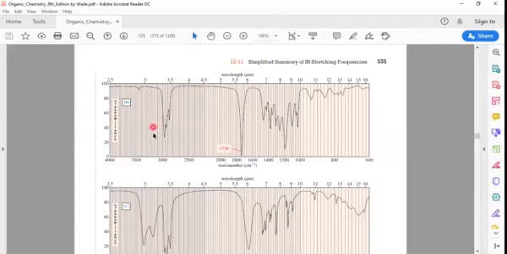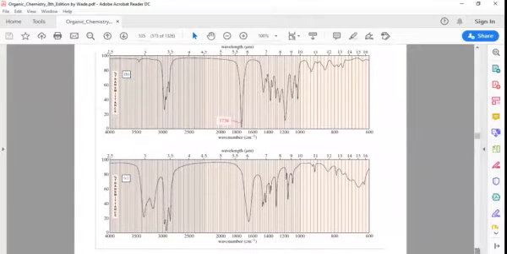And here at 3000, we don't have any peak, all aliphatic, so most probably this is an ester. This peak is a little bit higher than that of aldehydes and ketones, and generally this is the area where we should have an ester.